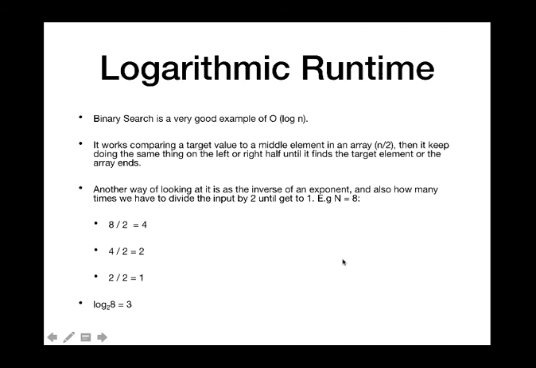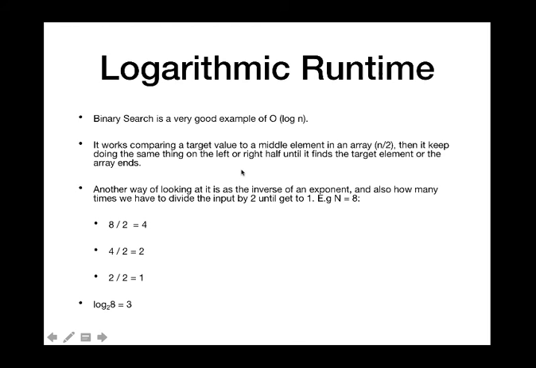For logarithmic runtimes, we saw that quickly previously. A good example is the binary search, which runs in O of log n. We're gonna see more on binary search in the search and sort section.